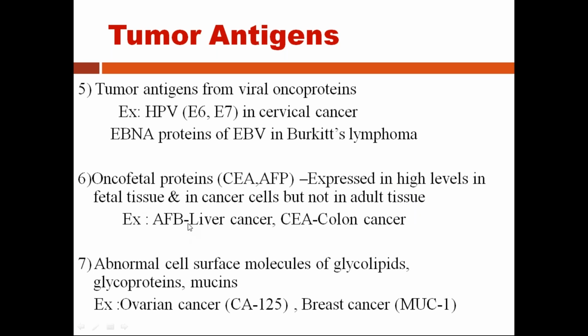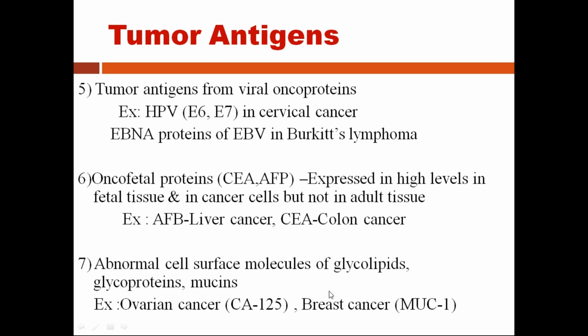The levels of alpha fetoprotein in the blood is increased in case of hepatocellular cancer, and carcinoembryonic antigen is increased in case of colon cancer. So they are tumor markers. I think you already have the short note in your final exam about tumor markers.